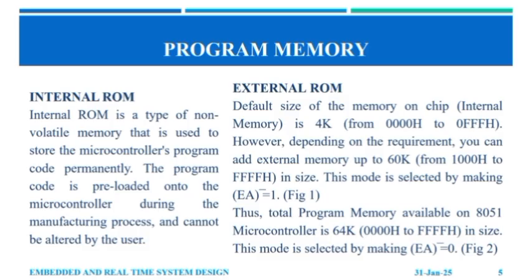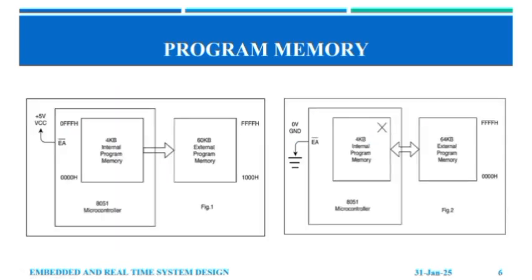We have looked at the internal RAM and external RAM. We said the internal RAM is made up of 4 kilobytes, while the external RAM is made up of 60 kilobytes, so a total of 64 kilobytes. This is an illustration of the internal RAM and the external RAM.